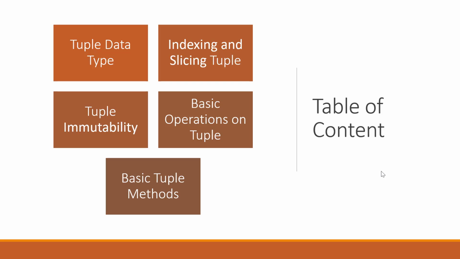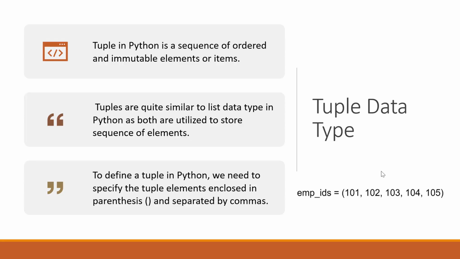So without any further delay, let's jump on to our first topic and let's first understand what are tuples. Basically, a tuple in Python is a sequence of ordered and immutable elements. Tuples are quite similar to the list data type in Python that we have discussed in our previous session. Both list and tuple are utilized to store a sequence of elements.